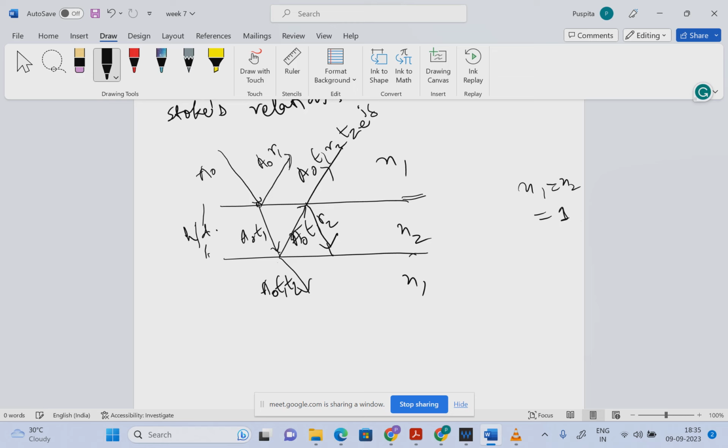It will transmit and then it will be reflected. The next ray will be A0 T1 R2 T2.